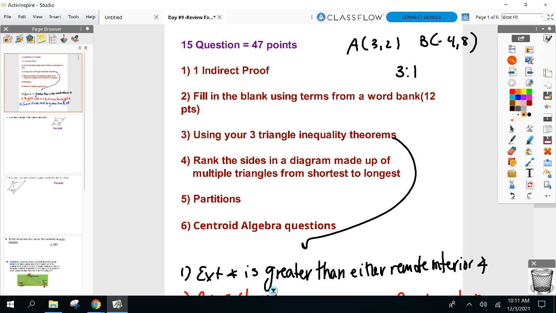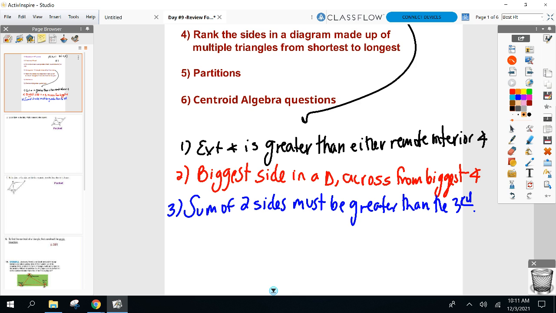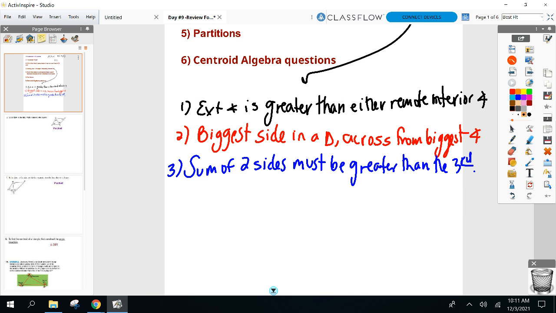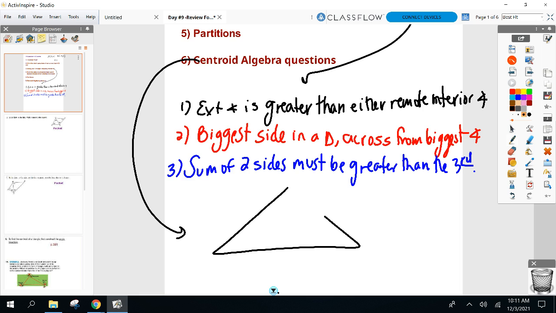Okay. And then finally, centroid algebra questions. Whew. All right, so let's review this real quick. First question I have for you guys. What am I drawing in with this beige line?